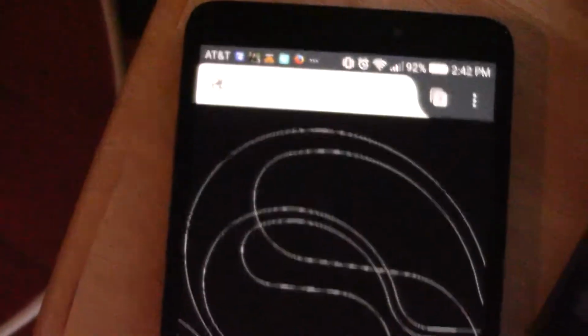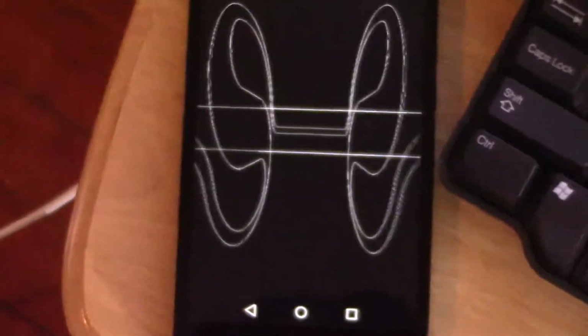But I already got that loaded up here. Oh, I don't have that loaded there. Come on, there it is. All right, now you know it's actually online. As you can see, it works on the phone, which is awesome.